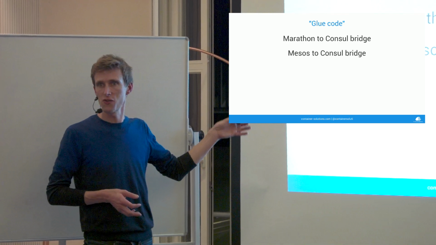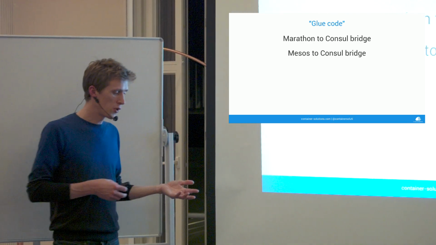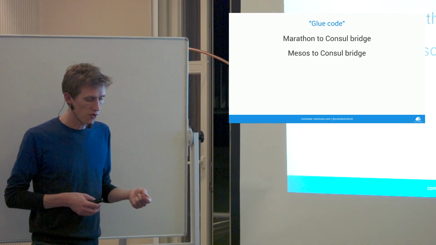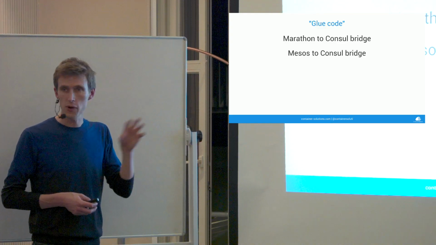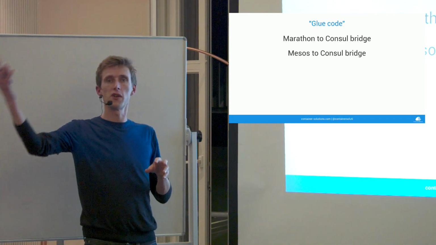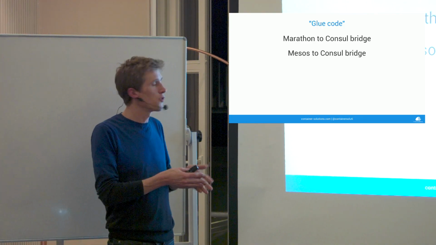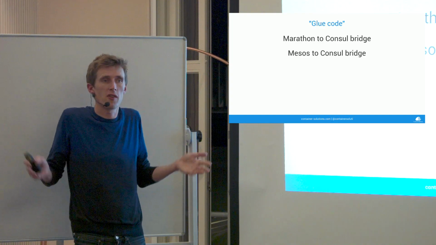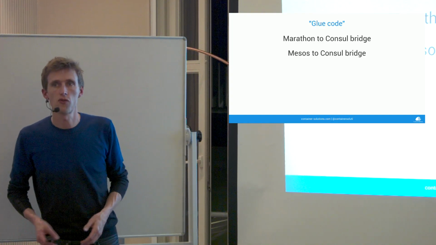These are not sexy, so this slide is also not very sexy. By glue code, I mean, for example, you schedule a container on Marathon, and the data from Marathon needs to go to Consul. This doesn't happen automatically, so you have to have some kind of bridge. A Marathon to Consul bridge, or a Mesos to Consul bridge, or something like that.